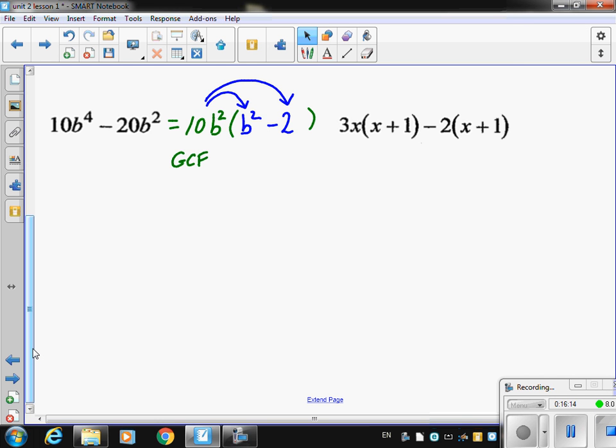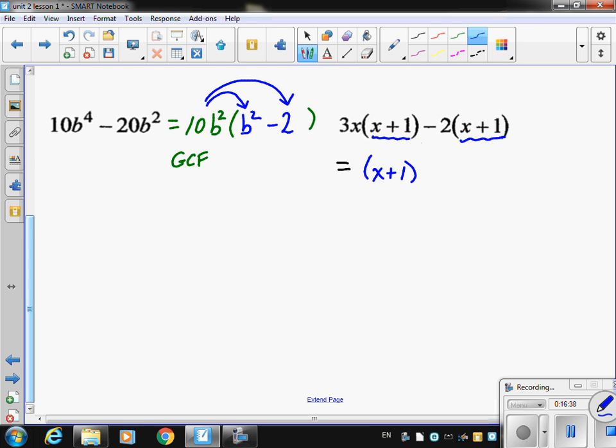Last one. This one's a weird one. I got a mess. Do you know what I see? That I have two things here, and I want a greatest common factor for those two things. And I see that both of them have a greatest common factor of x plus 1. Both of them have this thing that's the same, and I can write that as the greatest common factor.